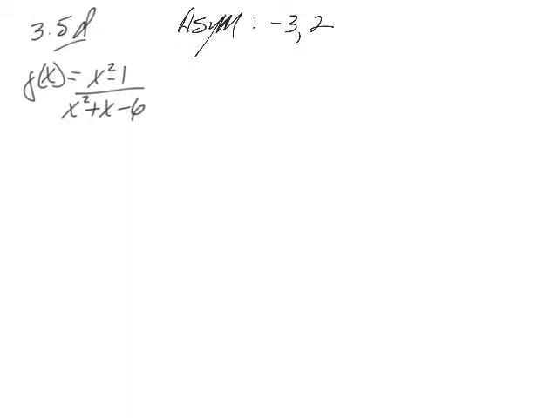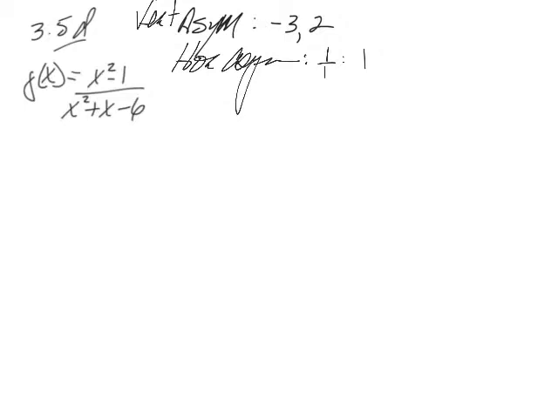We look at our exponent here and our exponent here. Since they're the same, we take the coefficient of this x over the coefficient of that x. My horizontal asymptote is going to be 1 over 1, or 1. So it's going to cross at y equals 1.